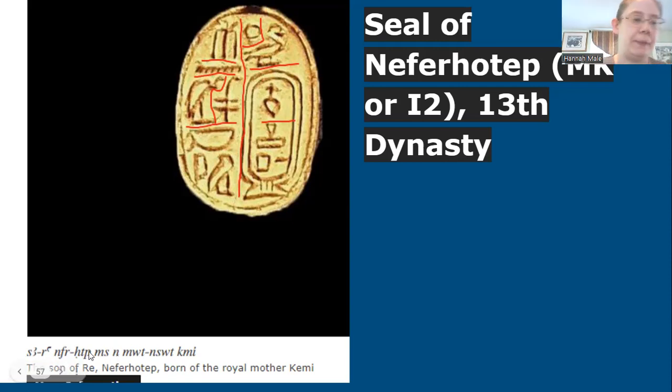And then you have this person's name, Neferhotep. So again, we talked about at the very beginning of this PowerPoint that they don't have vowels. And so this E is Egyptologists' best guess. And I might have meant vowels when I said that.